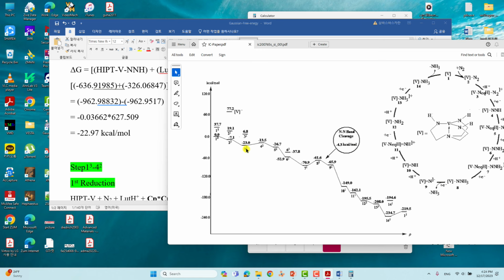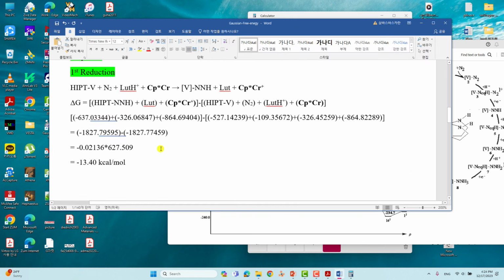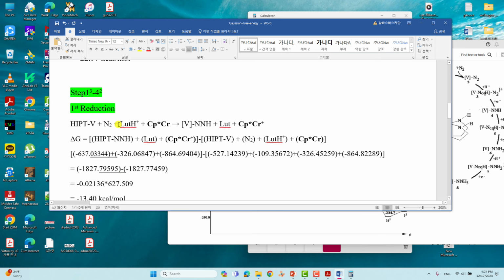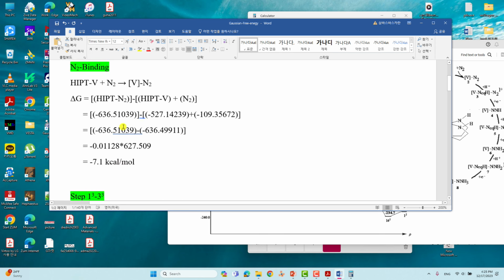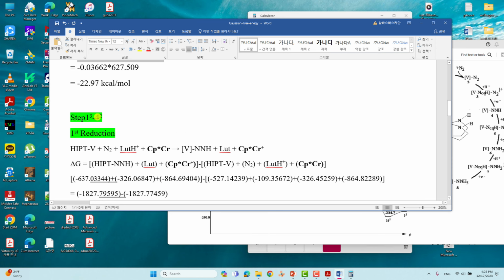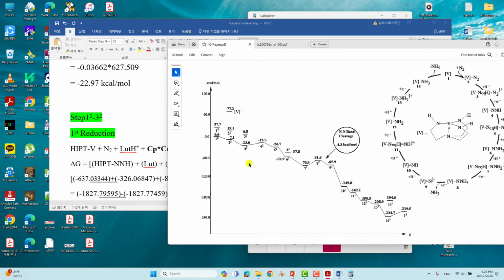Next we will see the reduction step, that is also very important. So this is step 1, this is 2, this is the third step, the reduction step.